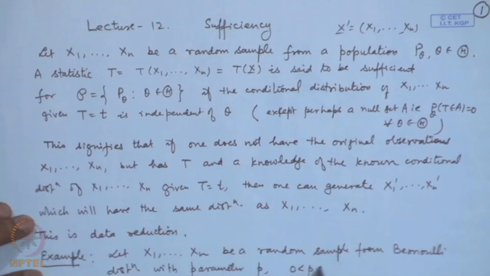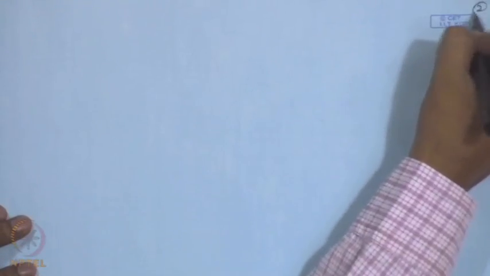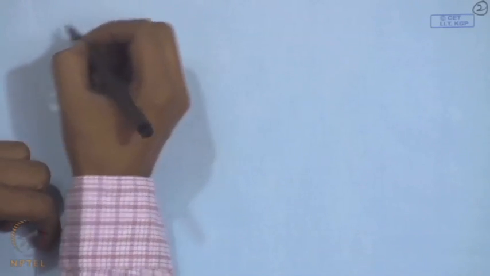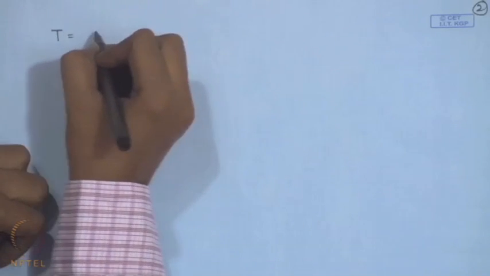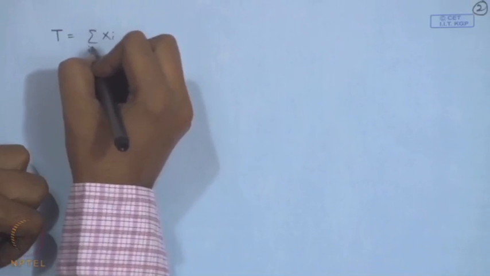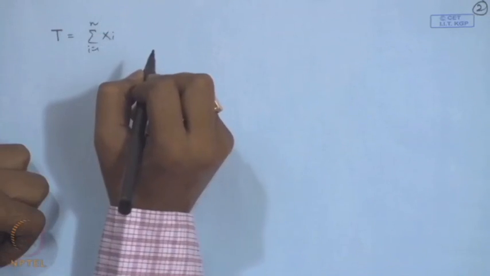Here p lies between 0 and 1. Let us consider, say, T is equal to sigma Xi, i is equal to 1 to n.